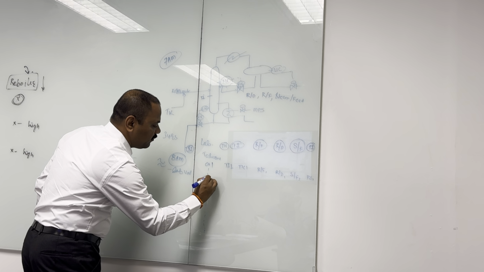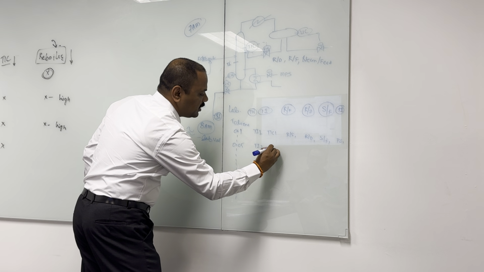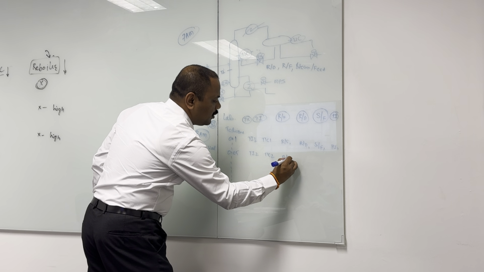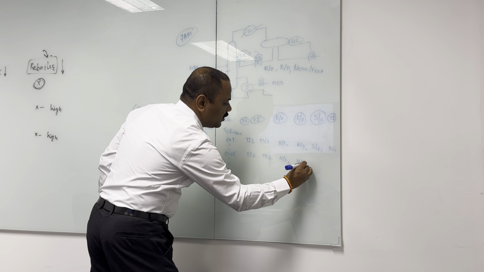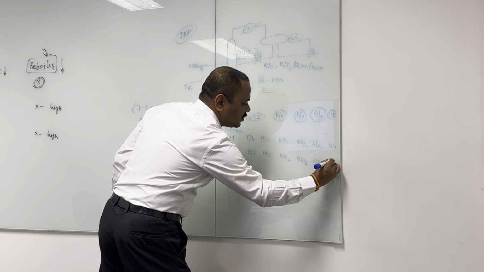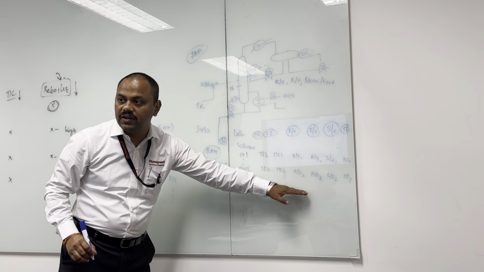Similarly, if we have a value of 0.05, then we get TIC2, RF2, RD2, S by F2, and pressure 2. So for each sample we get different values.